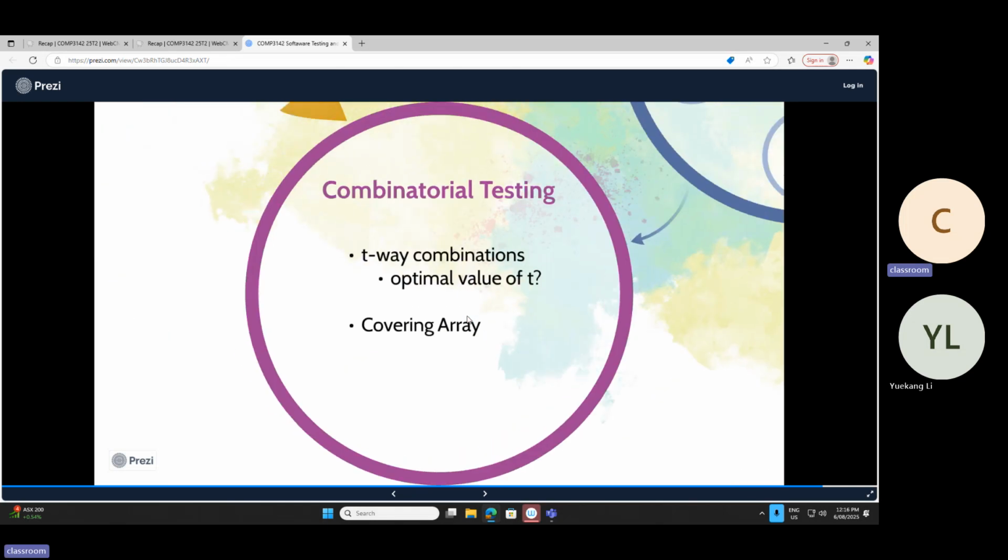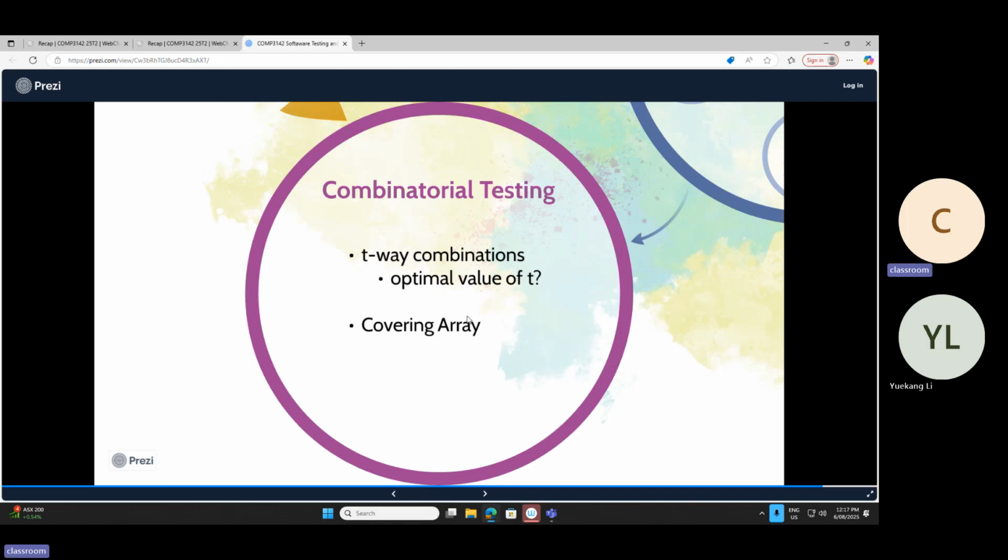And then we learned a unique type of testing technique, which could be considered system-level testing, or could be considered all three different levels of testing. This is called combinatorial testing. Previously, all the testing techniques dealt with the parameters of the program, but we somehow ignored the configurations that could be used by the programs, right?